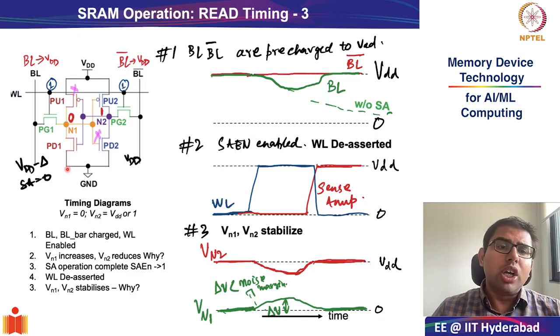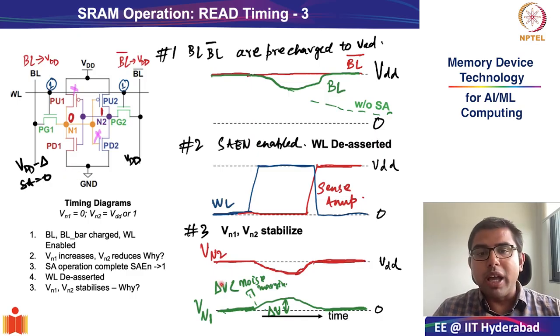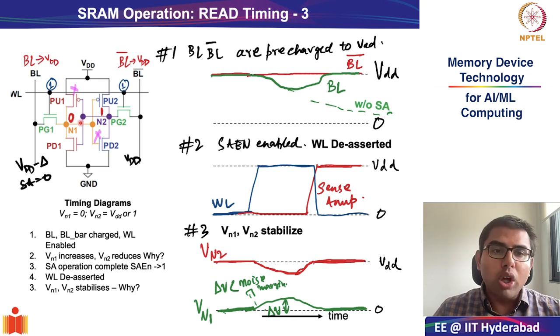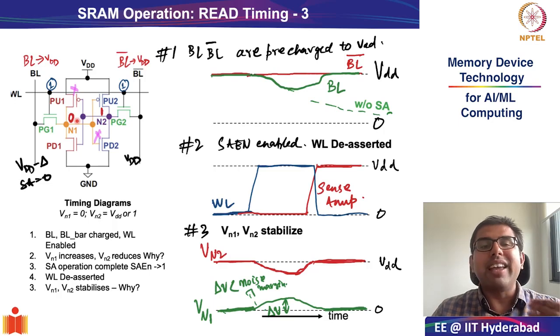Because there is a small read current which flows from PG1 to PD1, storage node N1 cannot stay at 0 volts, because there has to be a potential drop for any current to flow. So this results in a slight increase, as you can see from the timing diagram.